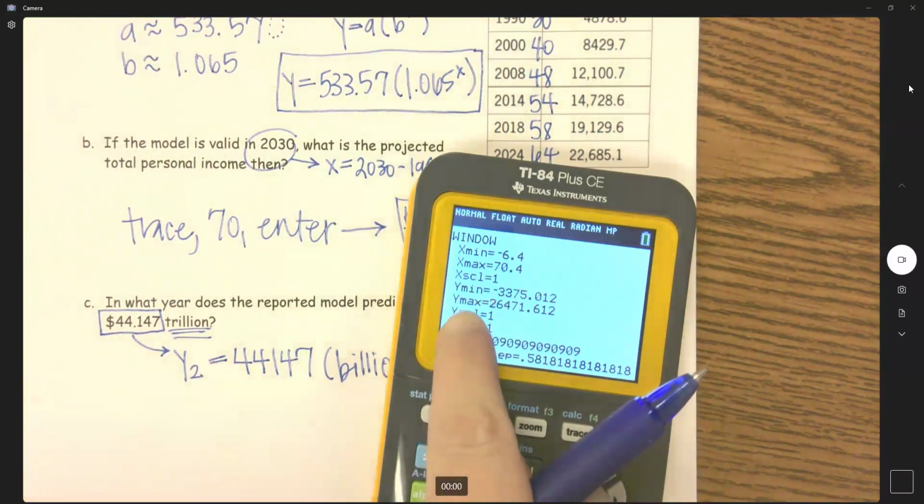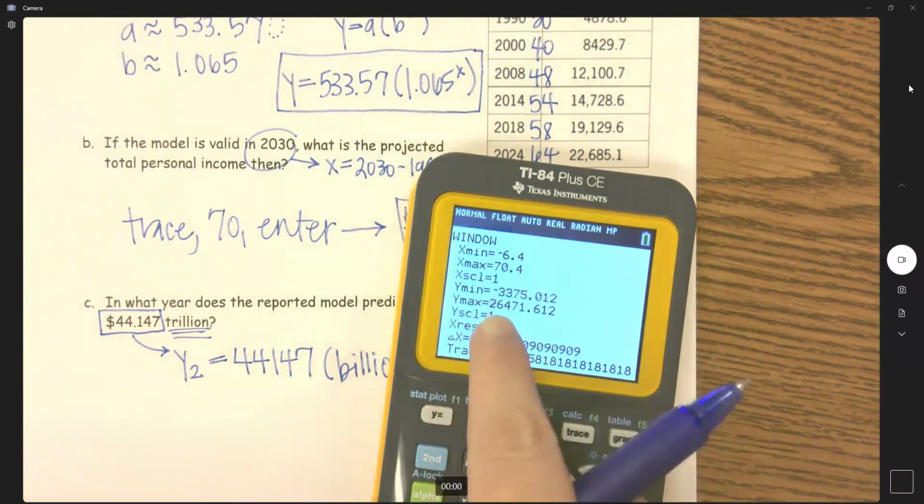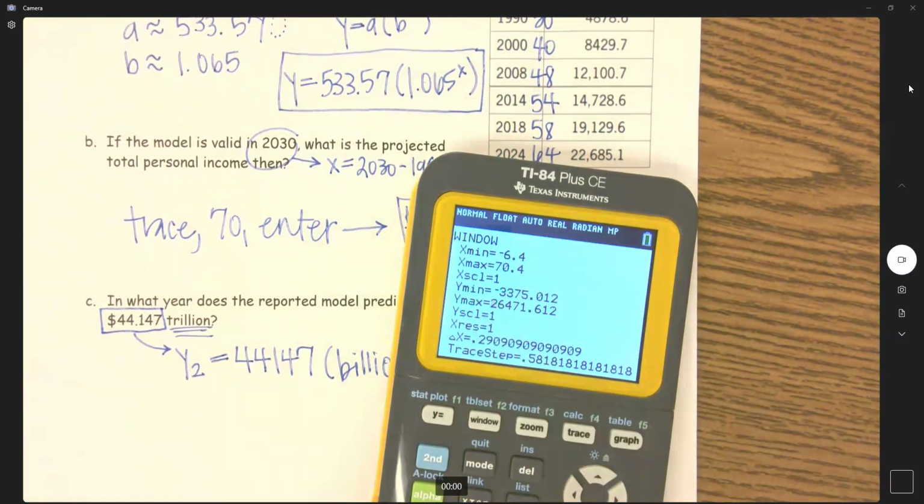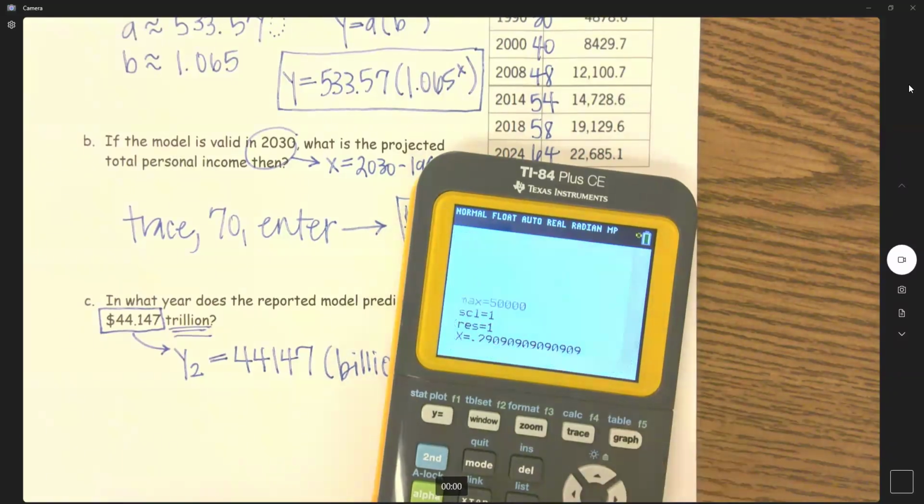Okay, I'm not seeing that intersection because here's where my Y max is. It is way, way lower than this number is here. So let's go to 50,000. And I'm going to change this to 0. See if we can get an intersection now.